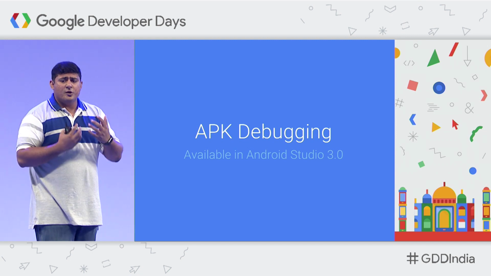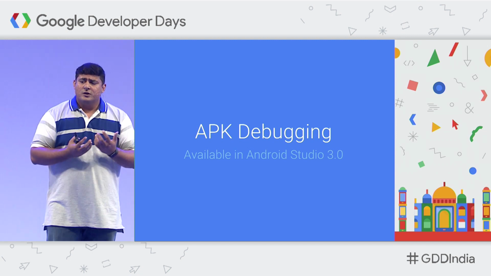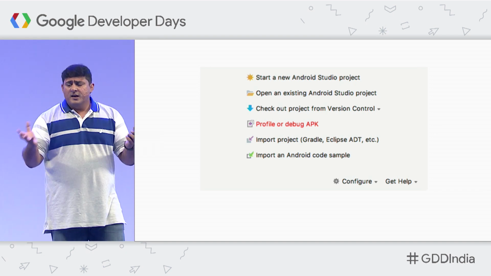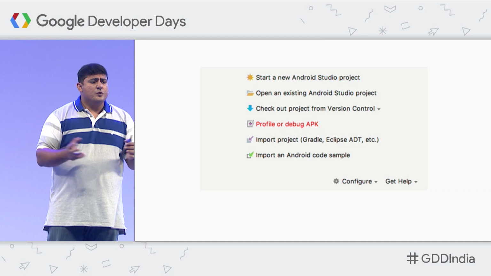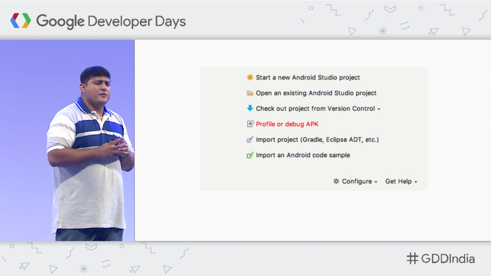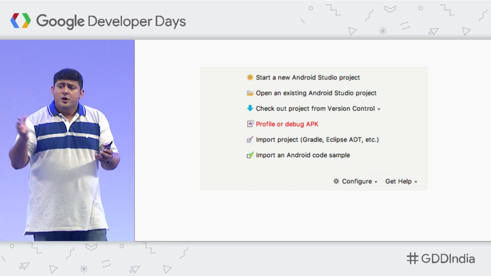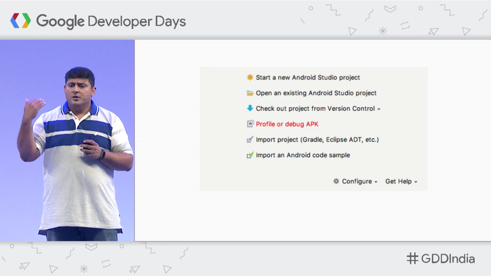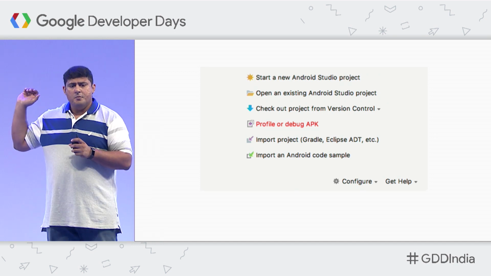Now, once you have a problem, you want to go back and look a little more into what's happening. To profile and debug, you might be developing a game using a completely different tool other than Android Studio, and you want an option to analyze and profile your app using Android Studio. In this case, we have added a new section where you can build your APK.